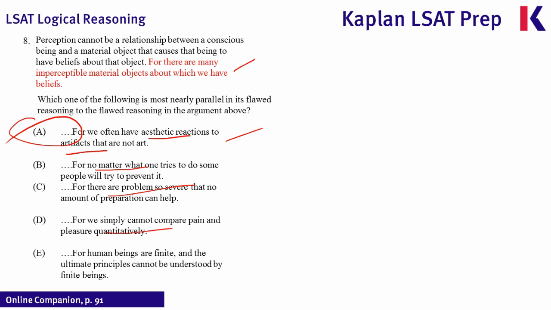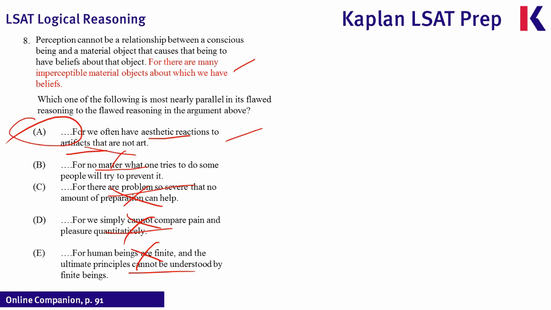D, no matter what, two things can't be compared. And E says, no matter what, ultimate principles can't be understood. That sense of no matter what is not present in the stimulus, which simply says there exist many examples of thus and such, as does choice A.